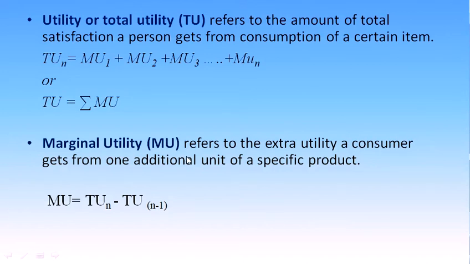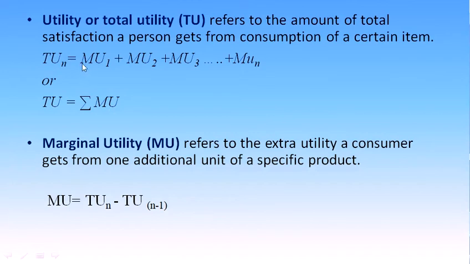And if the consumer consumes the second burger, and from the second burger the utility is, let's say, 15, then the extra utility the consumer is getting is 15 minus 10. So the addition over here is 5. This 5 is marginal utility.